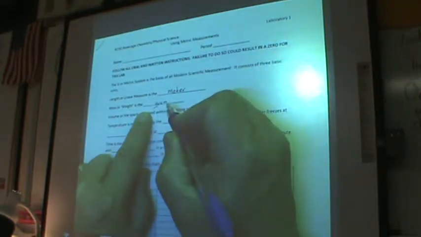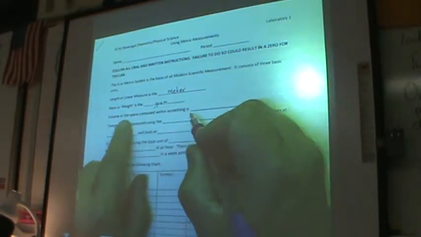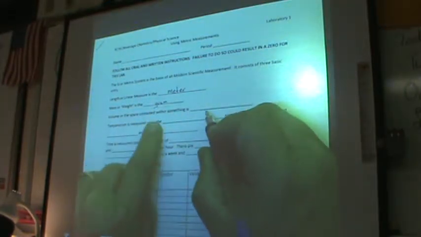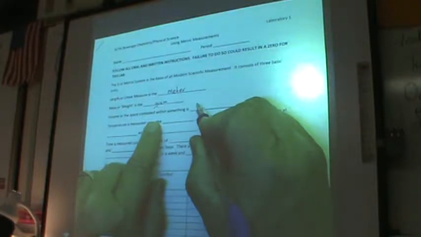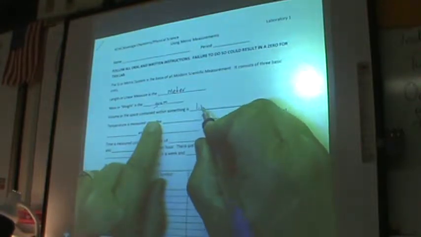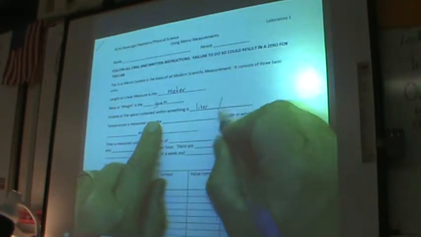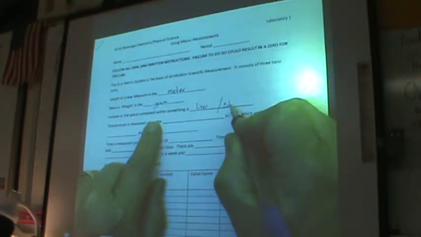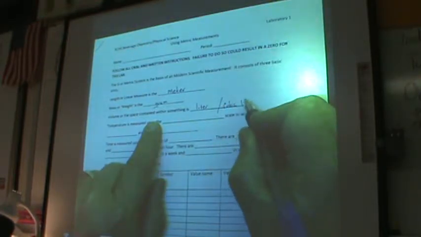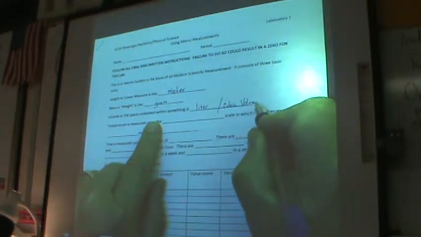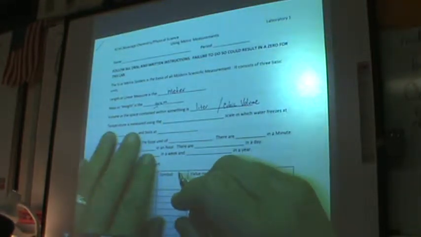Now, some textbooks will tell you it's the kilogram, but we're going to use the base unit. Volume, or the space contained within something, is liters. But also, if you said cubic volume, we would go with that.